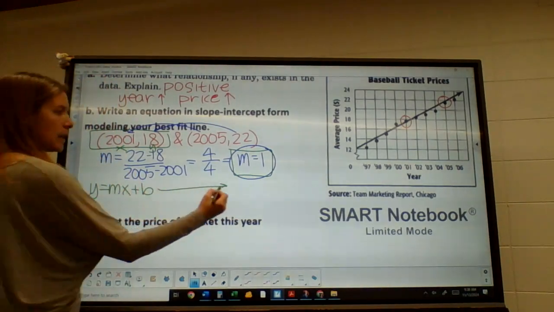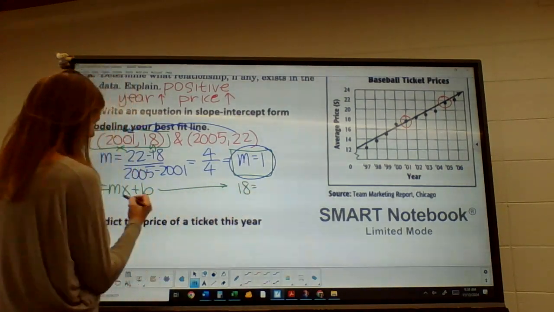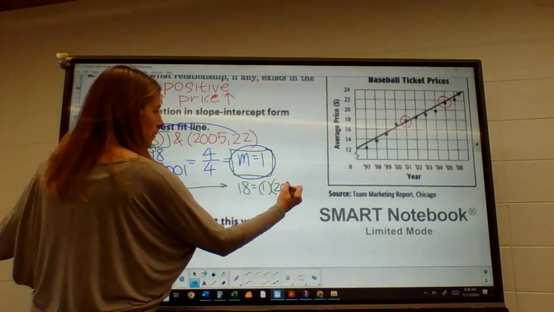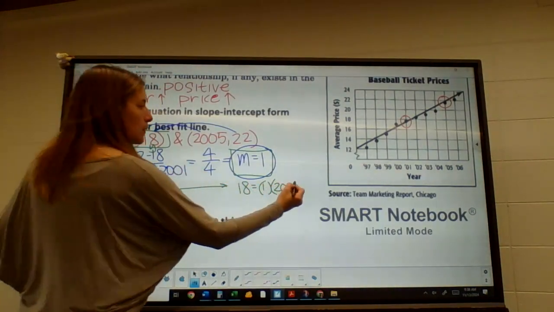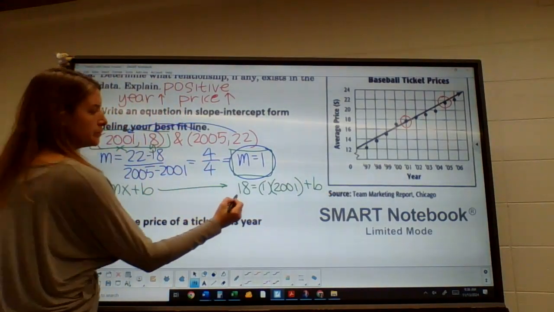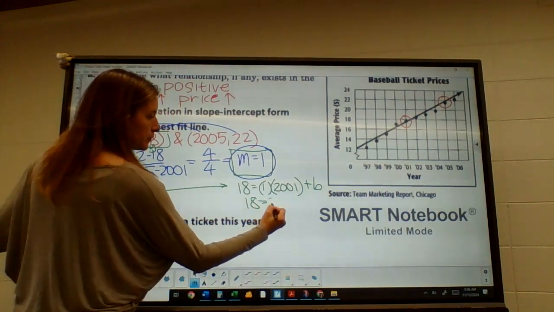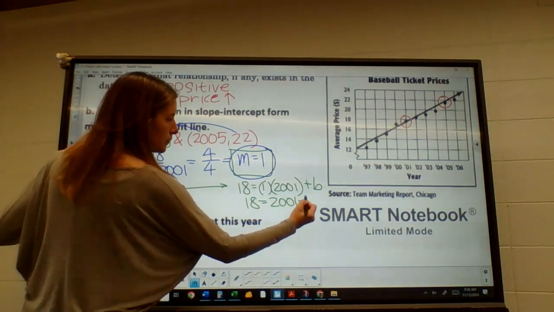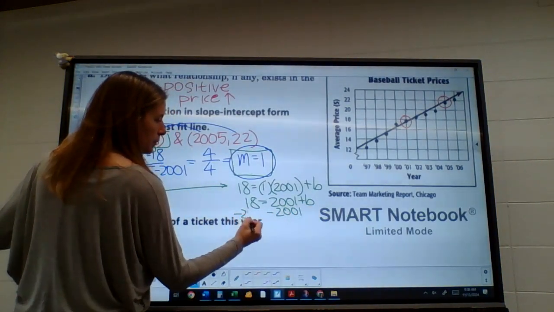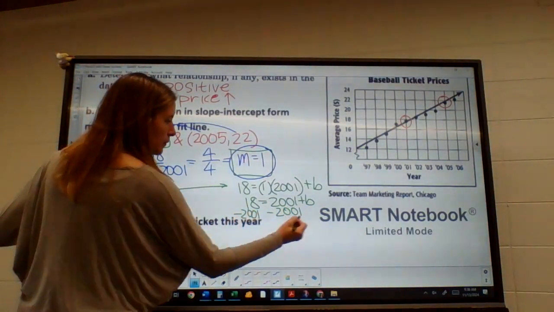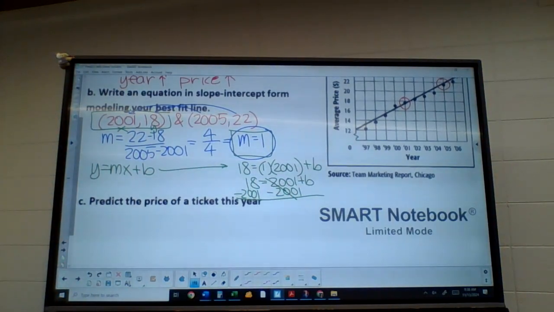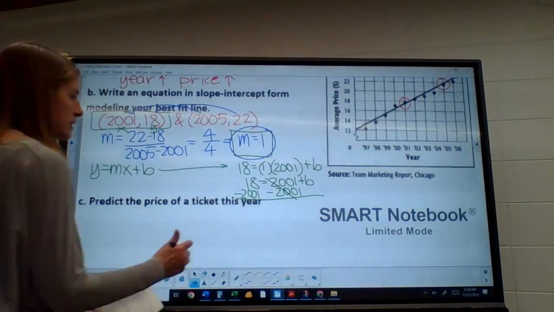So my 18, m is 1 times the year plus our b. So we're going to find out that b is a negative 1993.